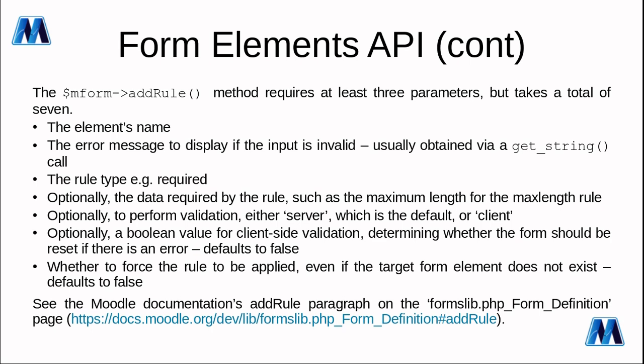And then whether to force the rule, a Boolean value, even if the form element does not exist, which defaults to false. I'm not quite sure why that's there, but you never know. So you can see the documentation at the link in this presentation.